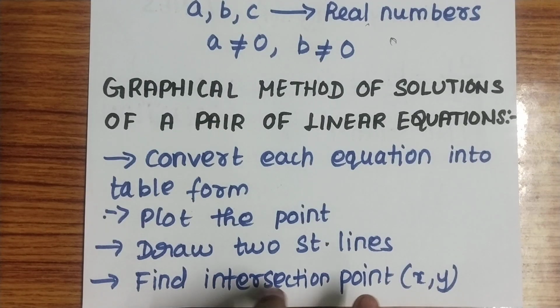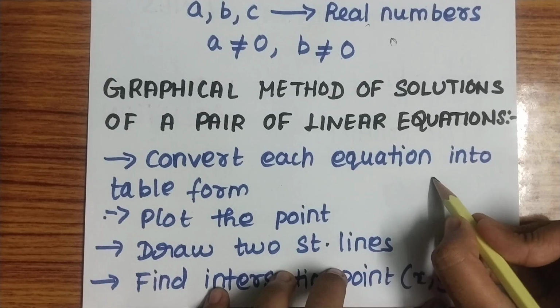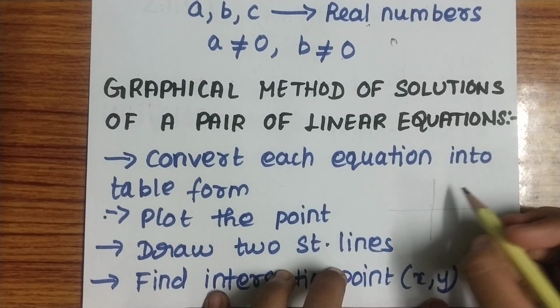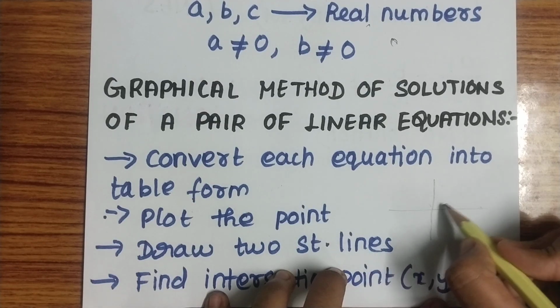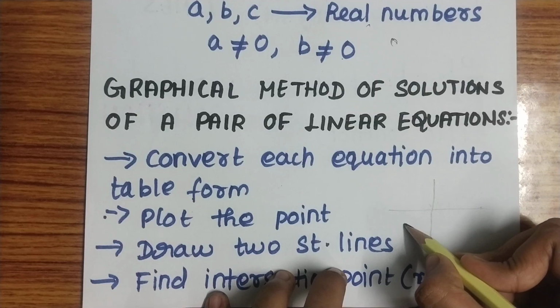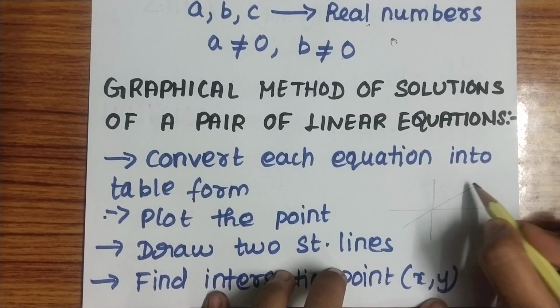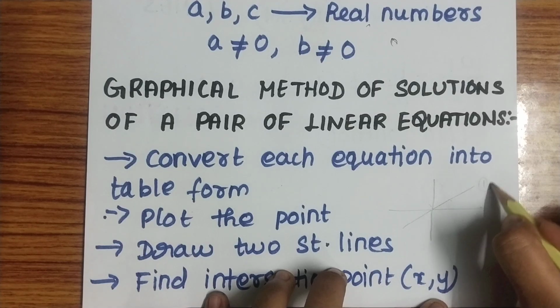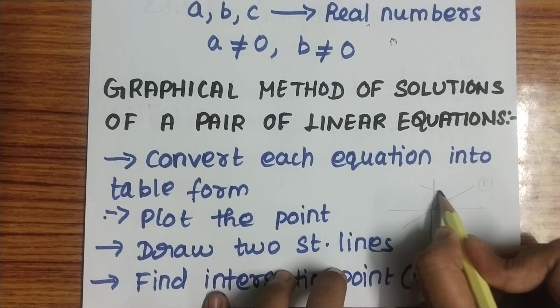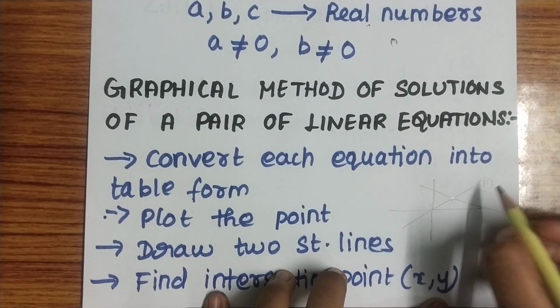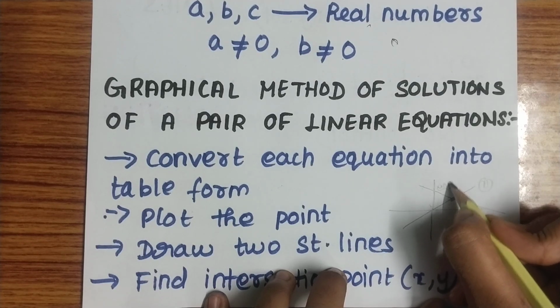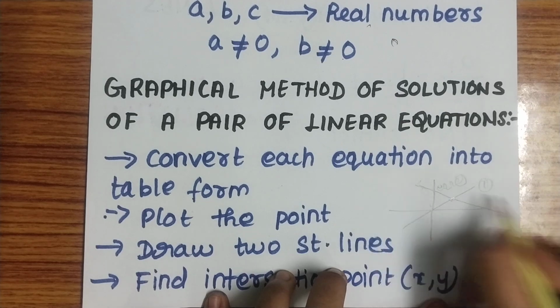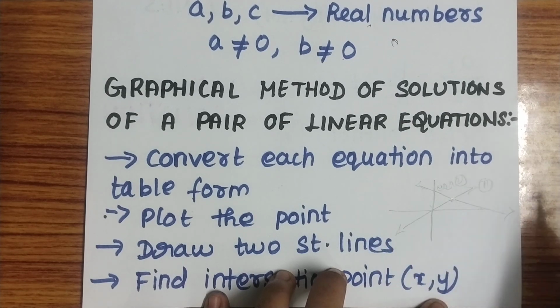equations. For example, see, this is my graph. I'm getting a line somewhere here. This is my equation 1, and I'm getting another line here, and this is equation 2. So there are two lines I have plotted in the graph.